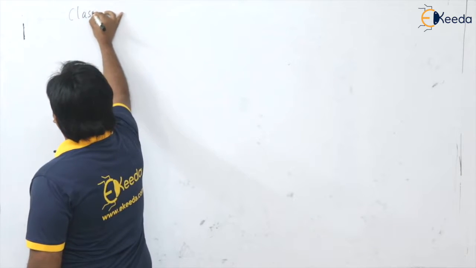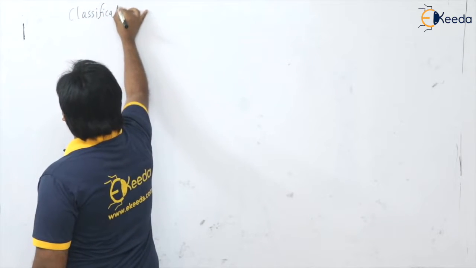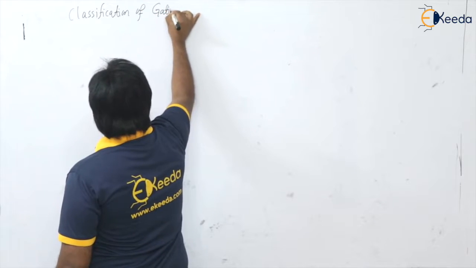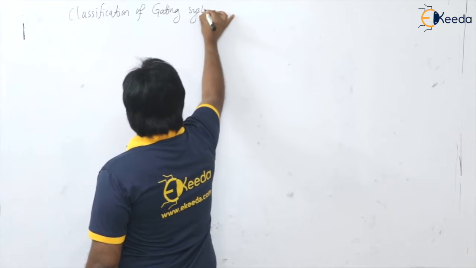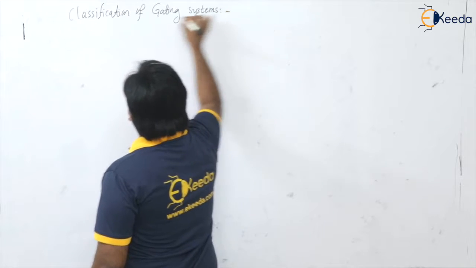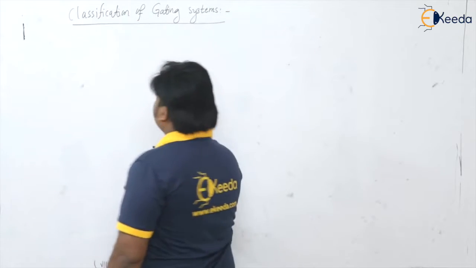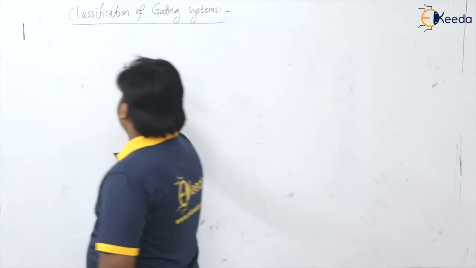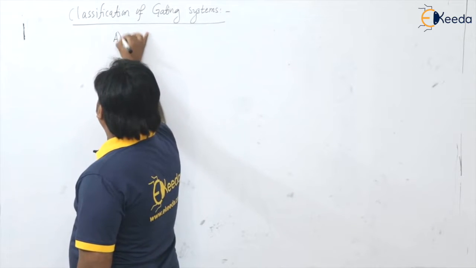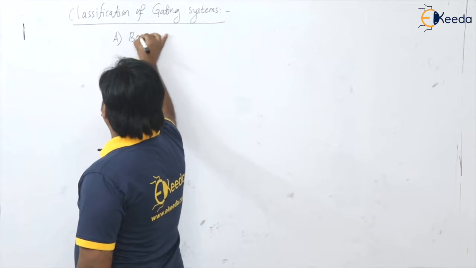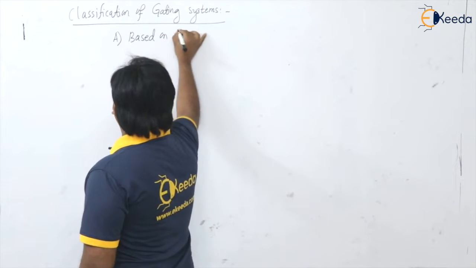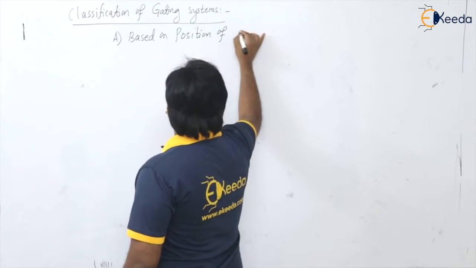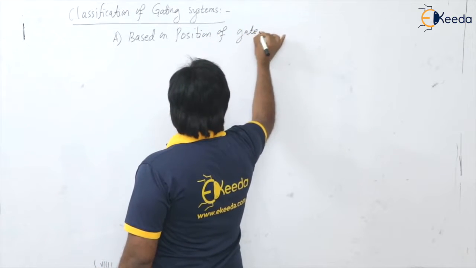The classification of gating system. So the gating system can be classified as, number A, based on the position of the gates or ingates.